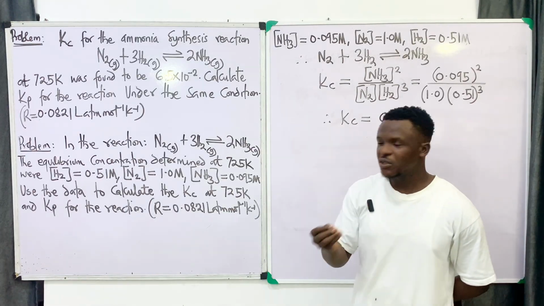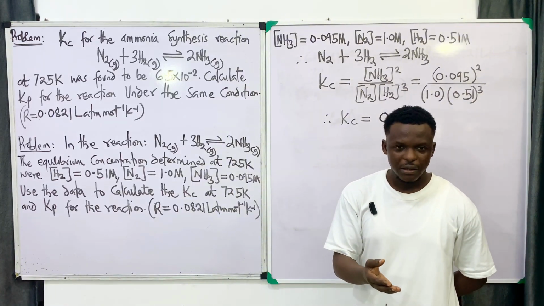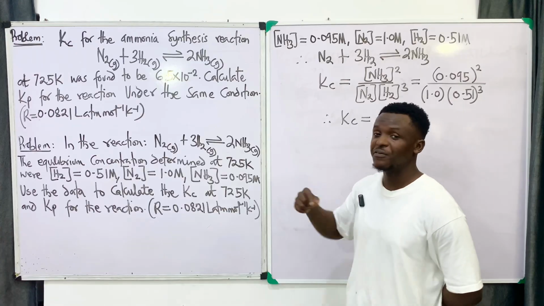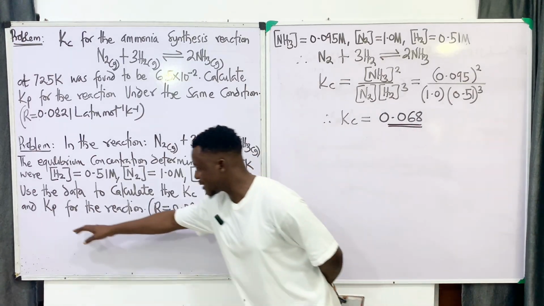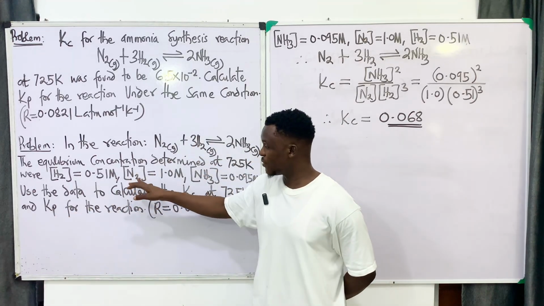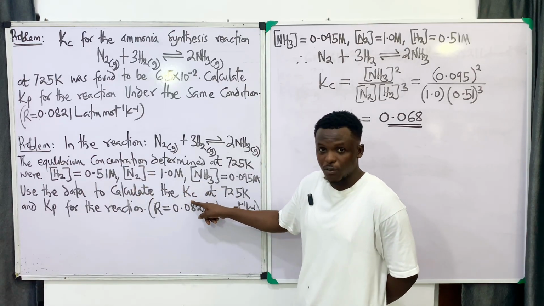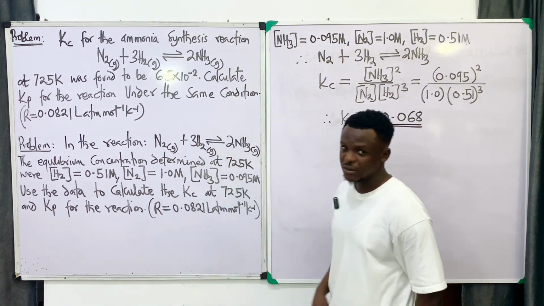But if they had given these values as partial pressure, class, we would have solved for Kp first and then solved for Kc. In that case, they would have indicated it here, with Kp coming first before Kc. But since they gave us these values in concentration, we have to solve for the concentration equilibrium constant first, after which we solve for the partial pressure equilibrium constant.